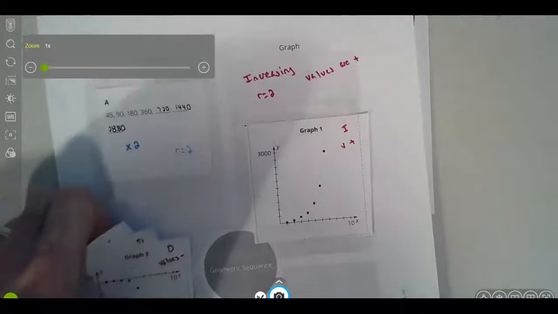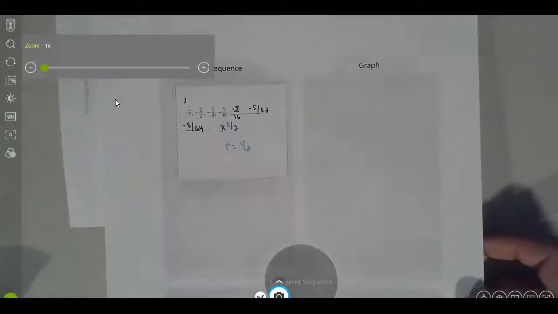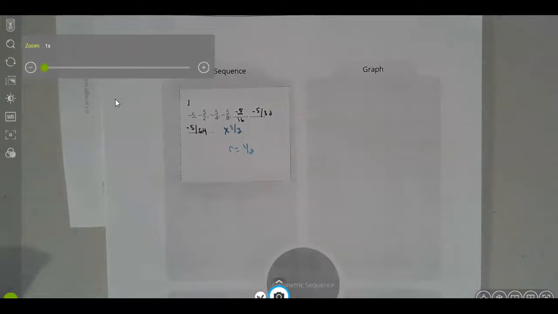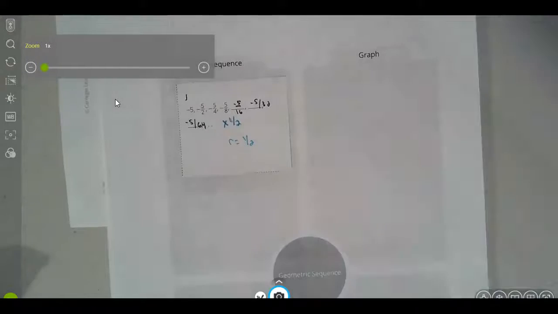All right. Let's look at one more sequence. Which one do I want to do? Let's look at graph J, because it's fractions and you guys don't like fractions.